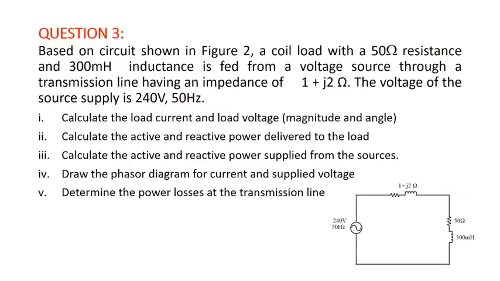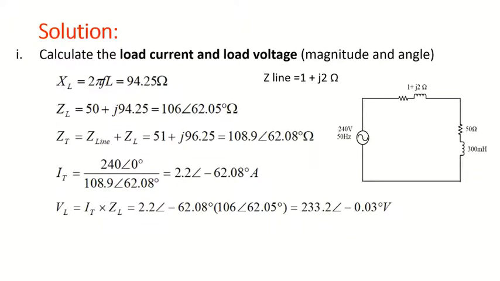Okay, so we look at the solution. The first question asks you to calculate the load current and load voltage, considering the magnitude and the angle of both. With this formula, we have the inductor, so you have to find the reactance of the inductor using the formula 2 pi fL.